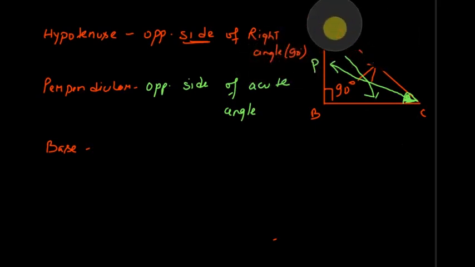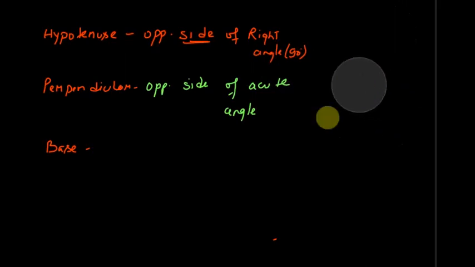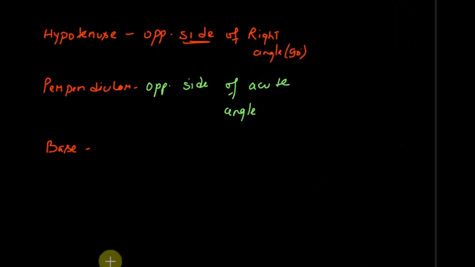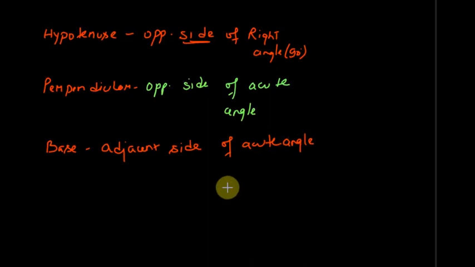Now let us go back to the topic and learn the meaning of base. Base is the adjacent side of an acute angle. Now what is an adjacent side? Adjacent side is basically the nearby side, not the opposite.